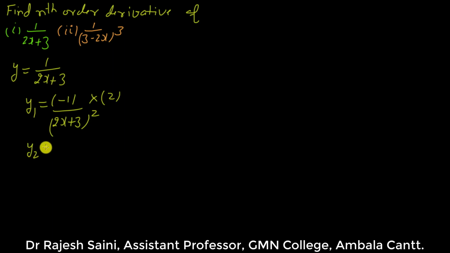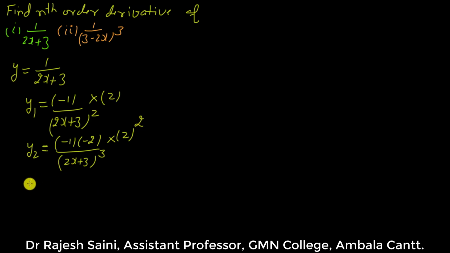Differentiating again, because we have to generalize, and so as to generalize the nth order derivative we need at least up to the third order or fourth order, as the requirement of the question. So we'll be differentiating again. What we'll get? Minus 1 into minus 2 divided by (2x plus 3) raised to the power 3, and 2 into 2 will be nothing but 2 raised to the power 2.